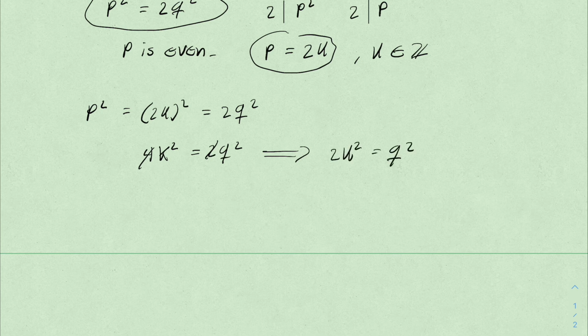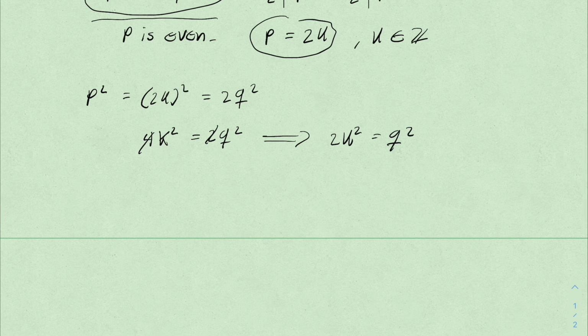Now this looks familiar because this is very similar to what we had up here. Okay? So what this is saying is that q squared is even. Okay? So because we have k squared, which is some integer, times 2, that gives us q squared. Thus, q squared is even.